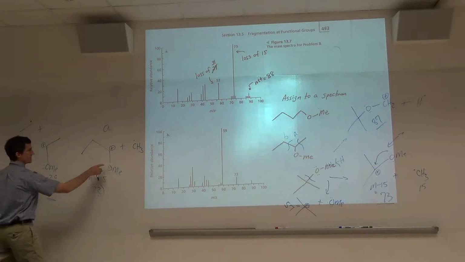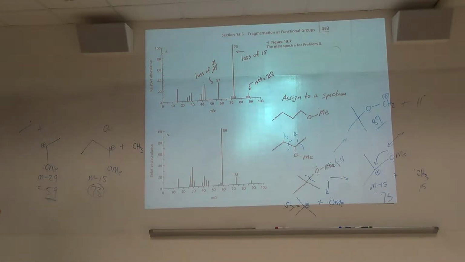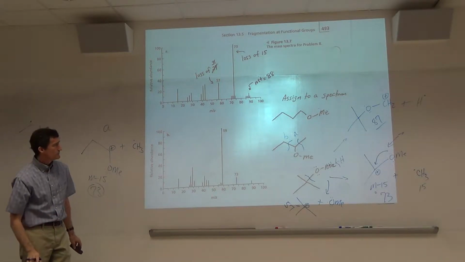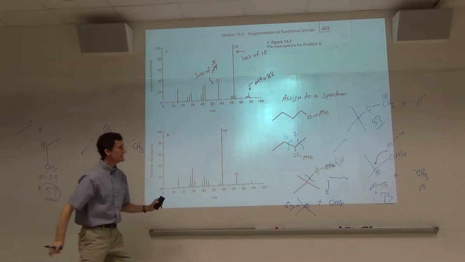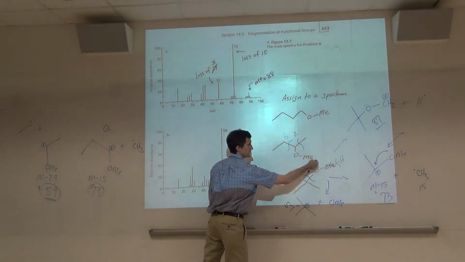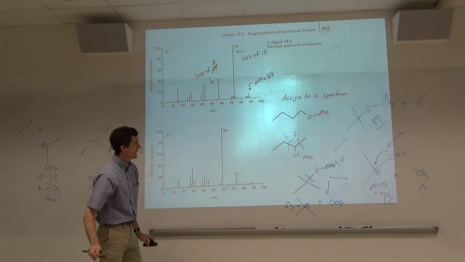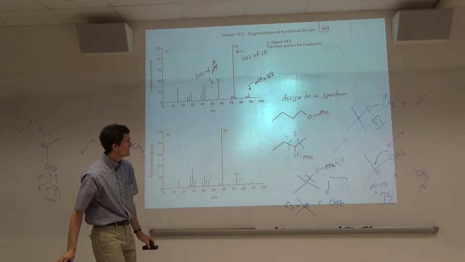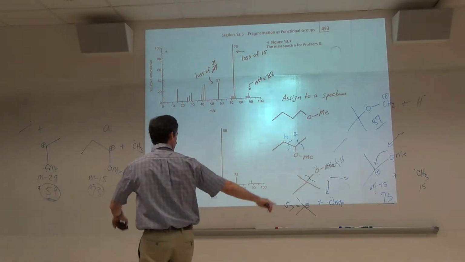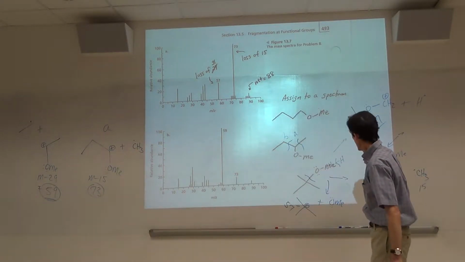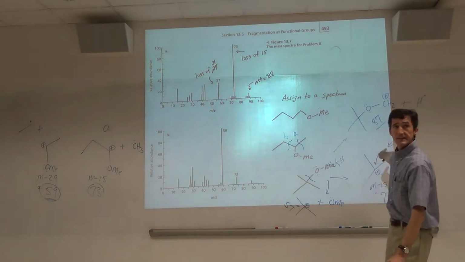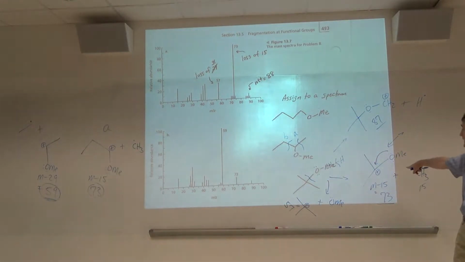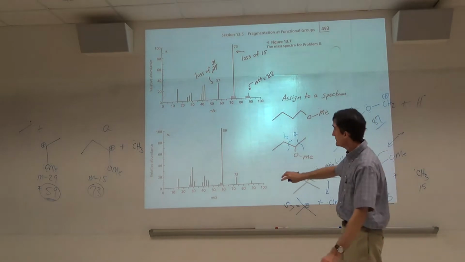Cation next to a lone pair, cation next to a lone pair, but it's 2 different cations. I can envision losing the H if I cleave between the CH2 and the H. I'm not going to do that one. Let's see if we need to later on. I got something different here. Over here I had a 73, but I didn't have a 59. That one I expect a 59.